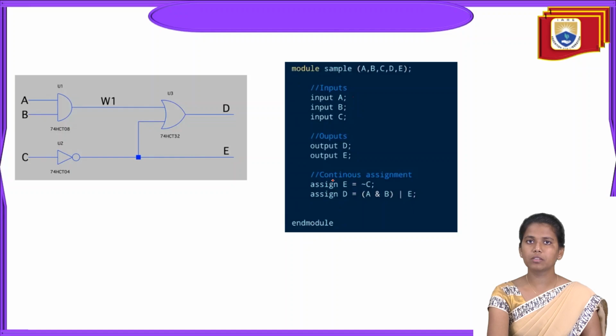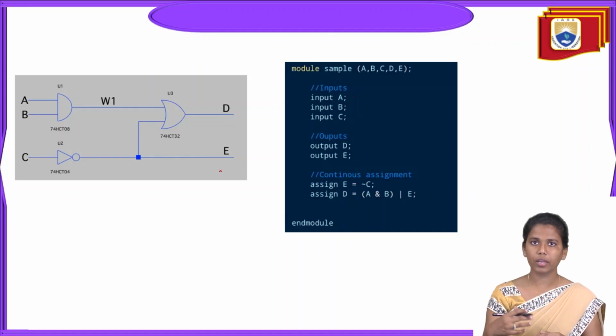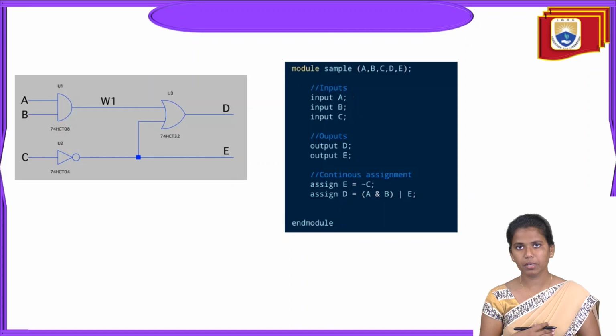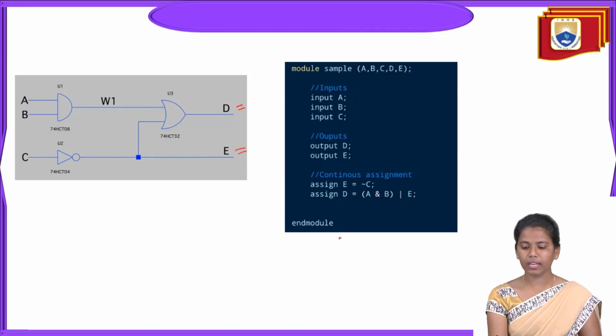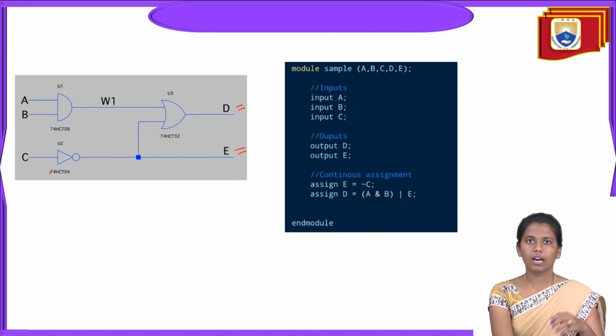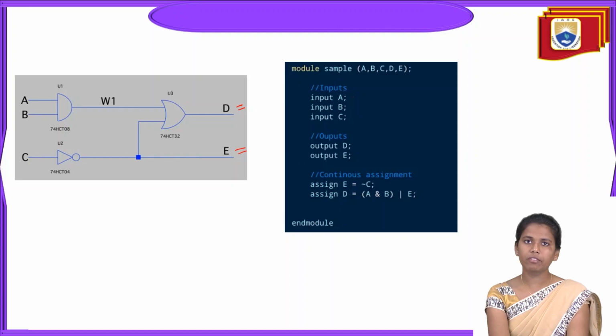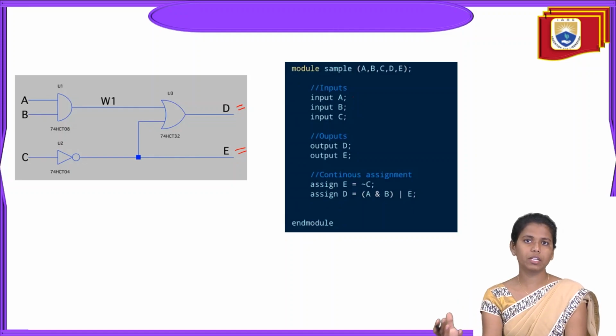So this example is all about the continuous assignment statement. Here I need to write the expression in terms of continuous assignment statements, for output E and for output D, with the help of this gate level diagram. Basically, this is gate level modeling, and I am comparing it with data flow modeling.